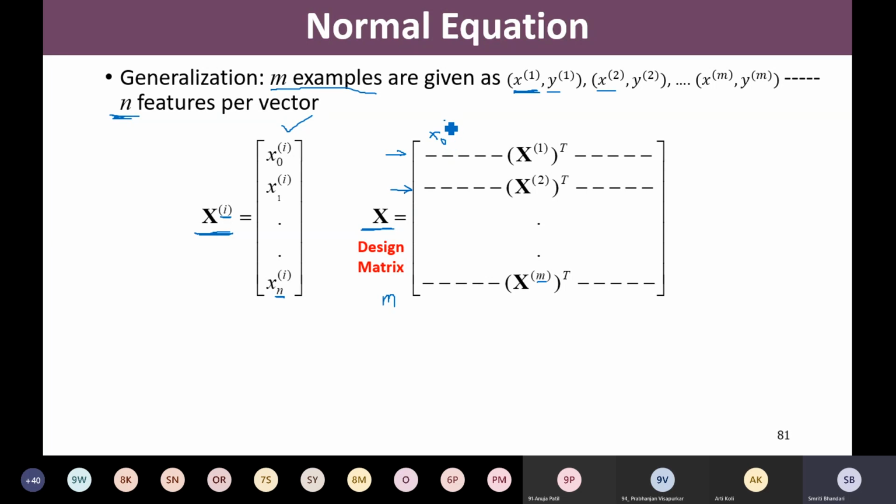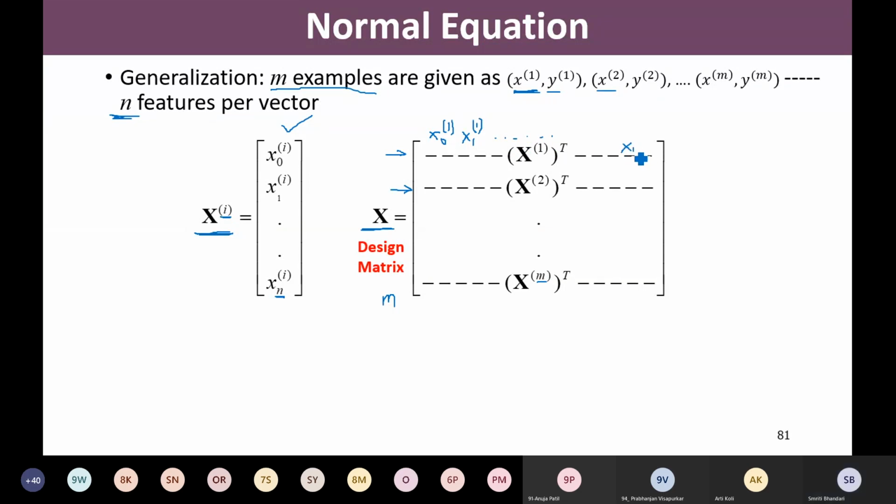So I'll have x0, 1, belonging to my first example. I'm talking about this x1 transpose now. Then the second element would be x1, and this belongs to my first sample. So on up to how many features do I have? N plus 1 features.